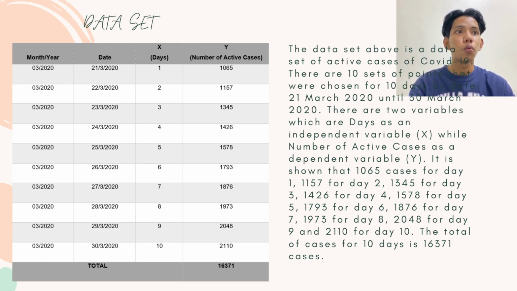It is shown that 1065 cases for day 1, 1157 for day 2, 1345 for day 3, 1426 for day 4, 1578 for day 5, 1793 for day 6, 1876 for day 7, 1973 for day 8, 2048 for day 9, and 2110 for day 10. The total of cases for 10 days is 16371 cases.